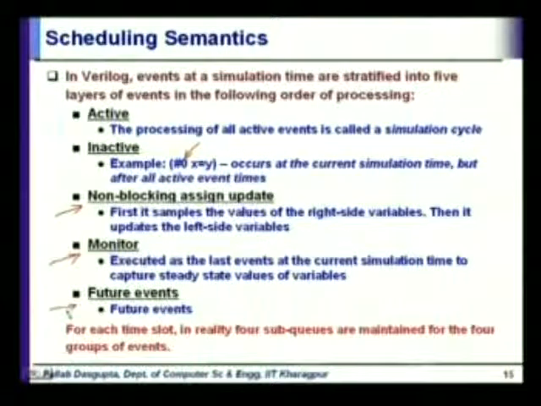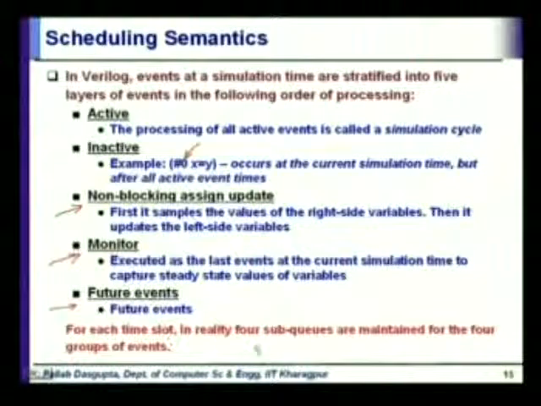Future events means that is where you advance time and go into the future, and then the whole process repeats itself. For each time slot, in reality 4 sub queues are maintained for the 4 groups of events. So there are actually 4 different queues that are maintained for these events. All right.